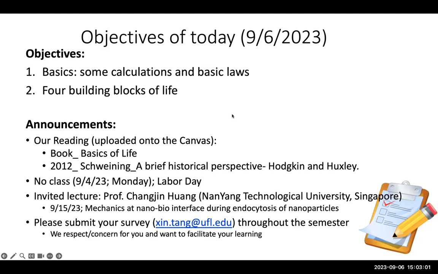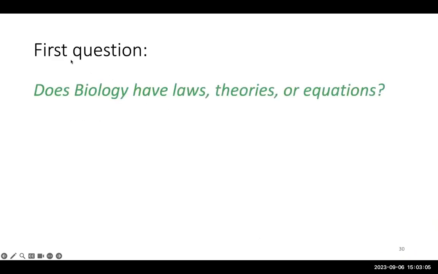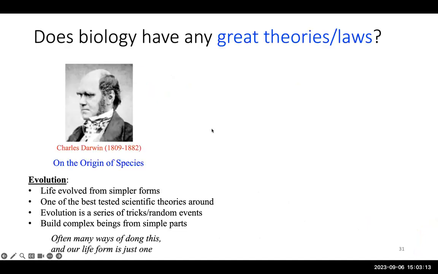Okay, good. So let's start today's lecture. In the last lecture, we talked about the laws, theories, and equations in biology, right? We talked about the law of evolution, which was developed by Dr. Charles Darwin.